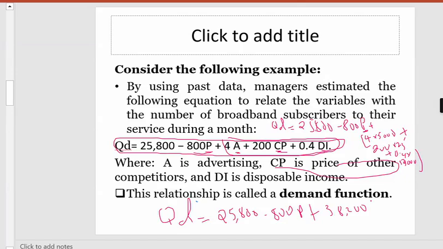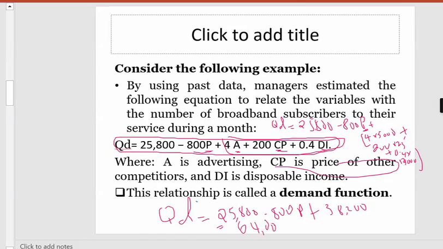Yes, doctor. Is it okay? Okay. Now plus 25,800. Unapata elfu ngapi? Unapata 64,000, 68,000 I think. Minus 800 P.